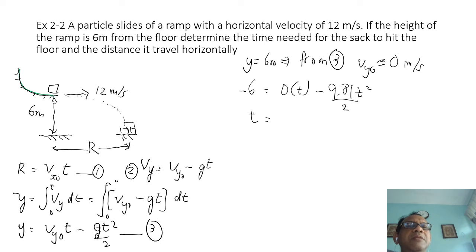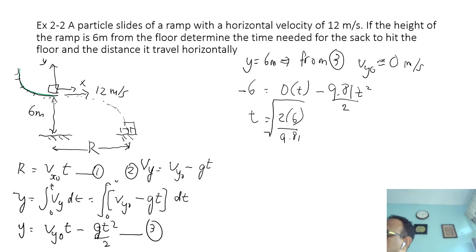Our datum is here, at the origin, so it's minus 6 below. So t equals the square root of 2 times 6 divided by 9.81. So you will have 1.11 seconds. That is the answer for number 1, the time needed.